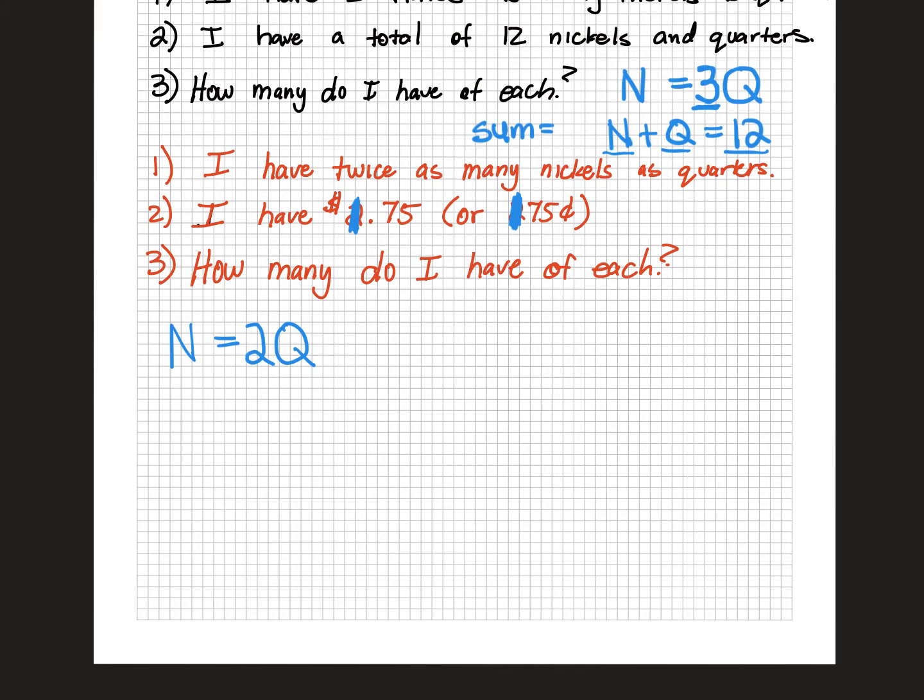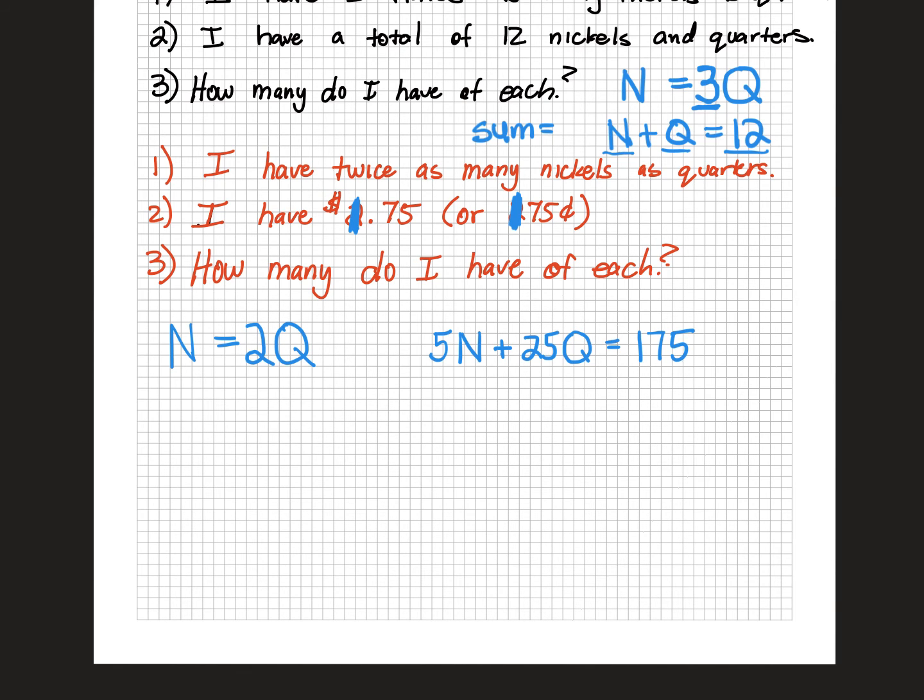So if I take the number of nickels that I have and multiply it by 5, because I have 5 cents per nickel, and I take the number of quarters I have and multiply those by 25, because I get 25 cents for every quarter that I have, then I've just come up with an equation that tells me the number of cents I have in my pocket, but I know that it's equal to 175 cents.